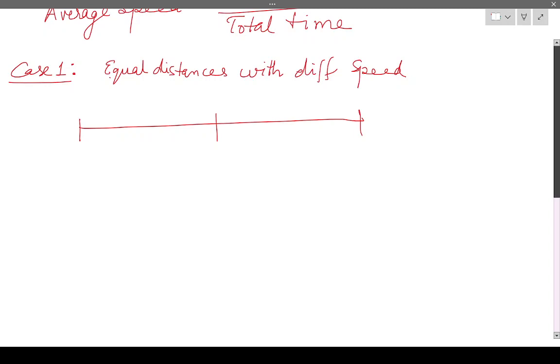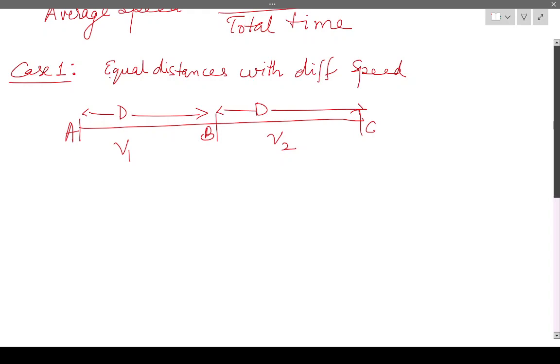A car or any object which is going from A to B, then from B to C. The distance between A to B, let us assume it is D, and the distance between B to C, let us assume it is D. But the first distance it is covering with a speed of V1, second one with a speed of V2. Now the question is, what is the average speed?